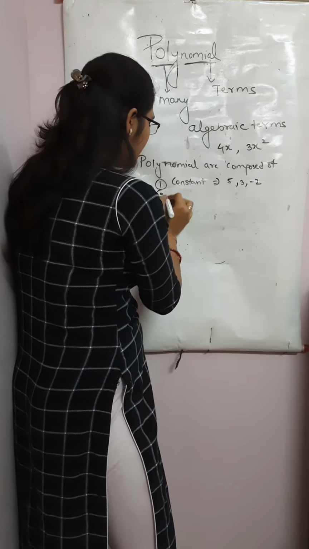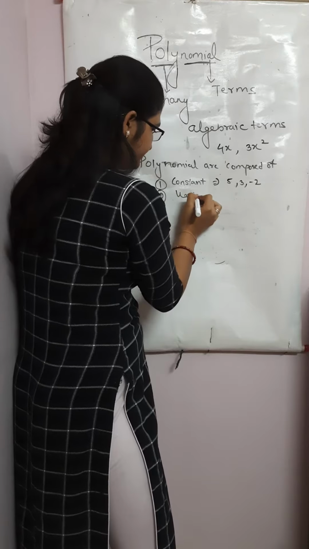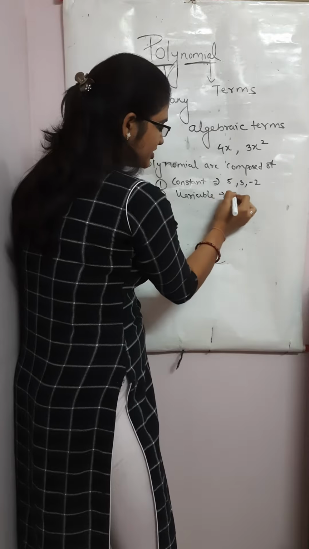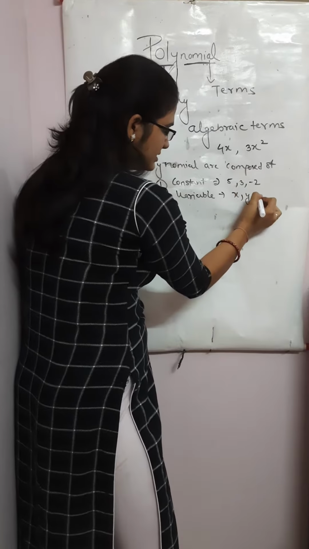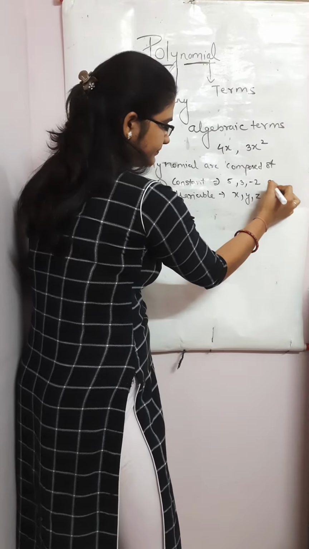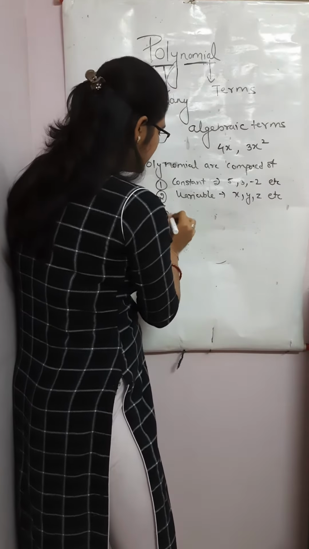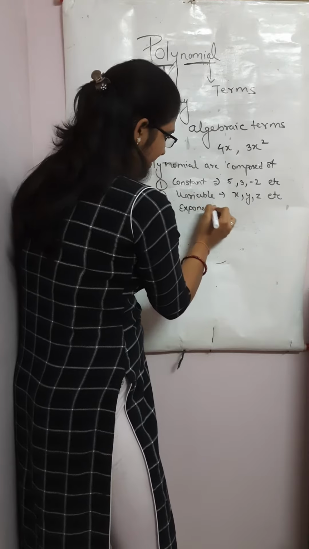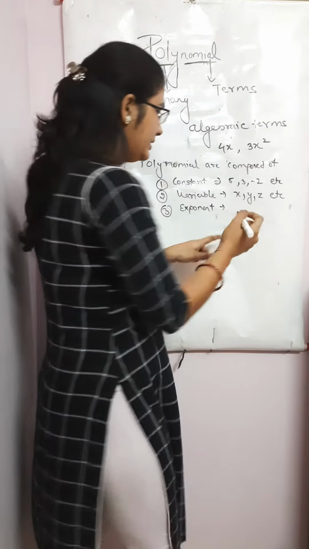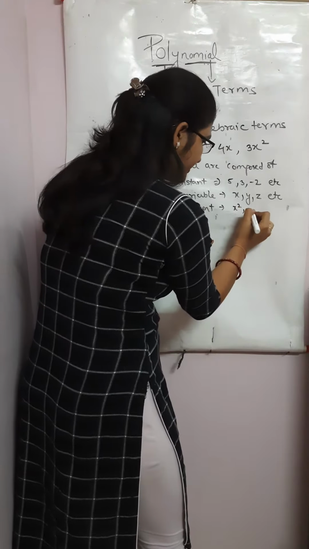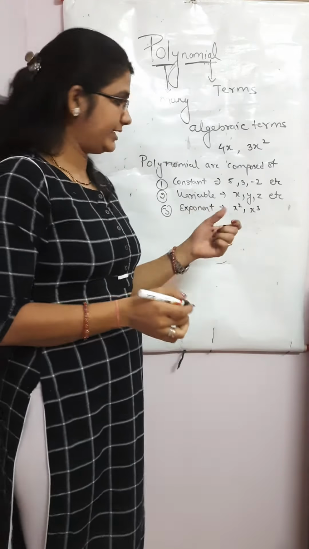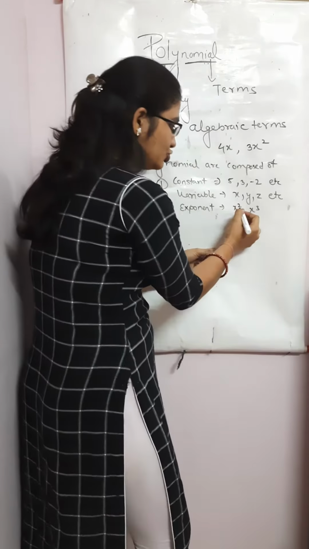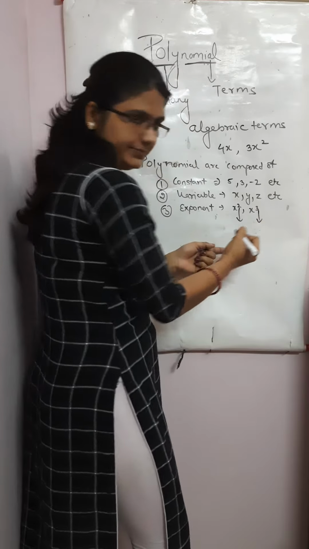Second one is variable, such as x, y, z, etc. And the third one is exponent. Exponent is power, like x square, x cube. So here exponent is 2 or 3.